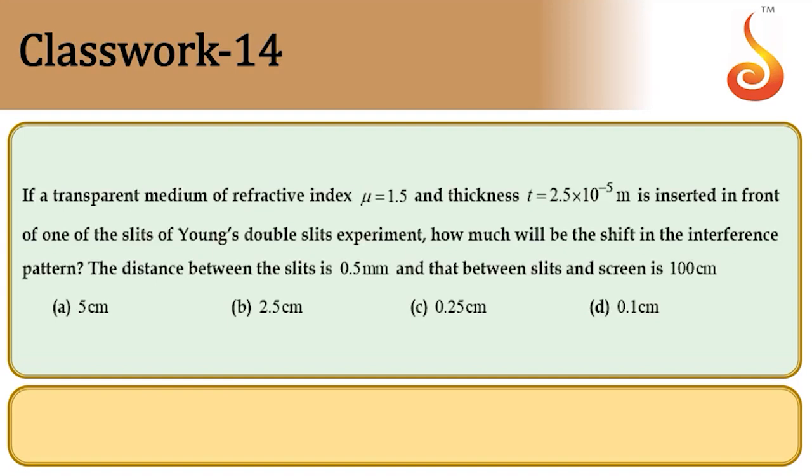14. If a transparent medium of refractive index mu equal to 1.5 and thickness t equal to 2.5 into 10 to the power of minus 5 meter is inserted in front of one of the slits of Young's double slit experiment, how much will be the shift in the interference pattern? The distance between the slits is 0.5 mm and that between the slits and the screen is 100 centimeter.